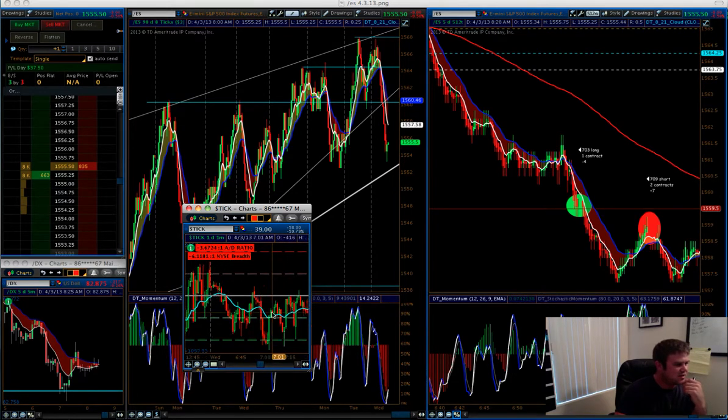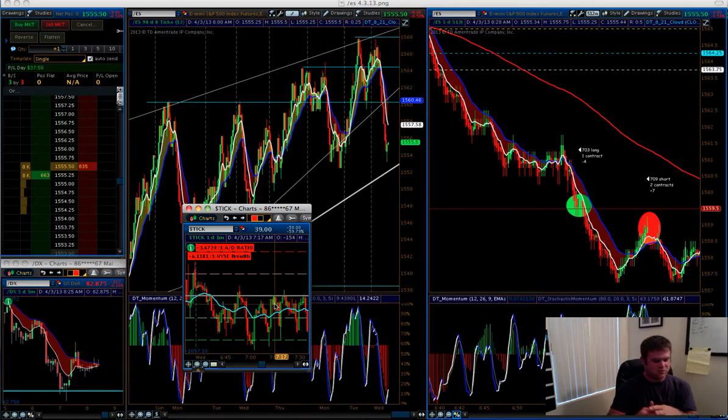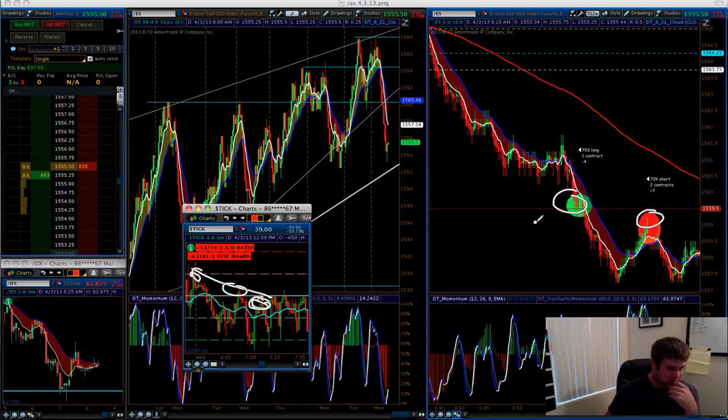This tick was not able to hold anywhere even close to breaking the zero level. So at this exact time, about 7 o'clock, 7:02, you see the tick had been making lower lows. High, high, and then right here is where we entered the trade, actually, for the short position. I'm going to explain.